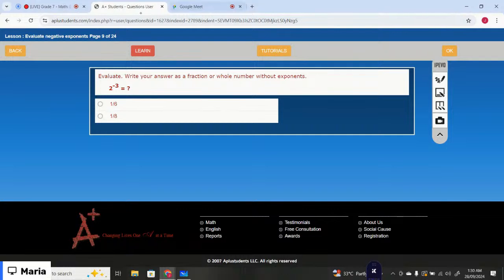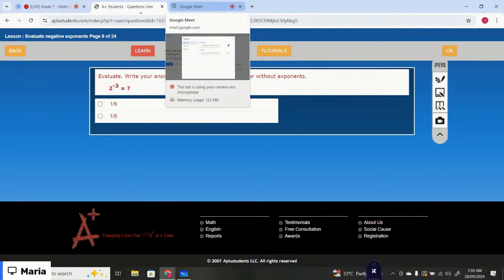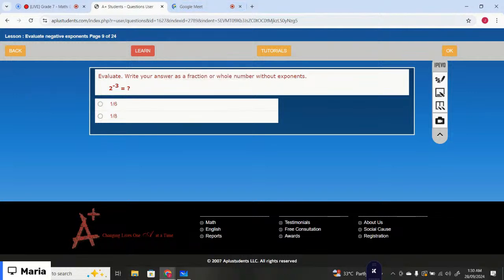So which is the correct option? The correct option is 1 over 8, option number 2.